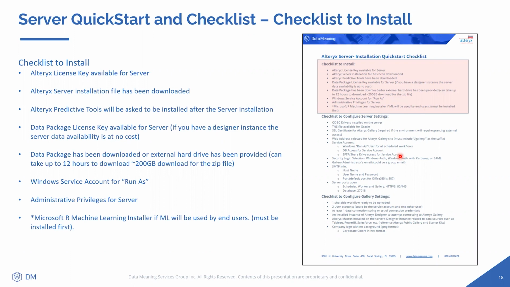So for the designer installation, right, there are two separate packages, the main designer installer and then the R package, the predictive package. For the server, it's the same installation file. It will install both, and all you have to do at the end of the installation is flag that you want predictive tools, and then it's going to run the predictive installer.